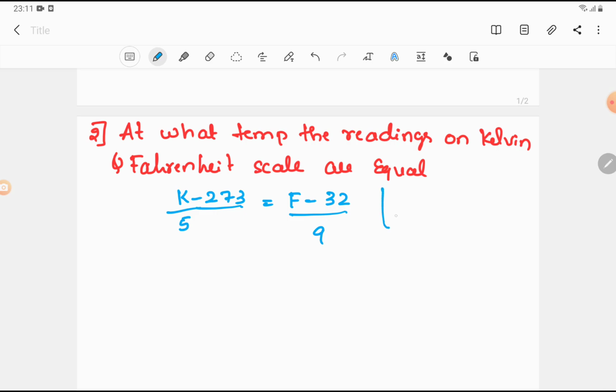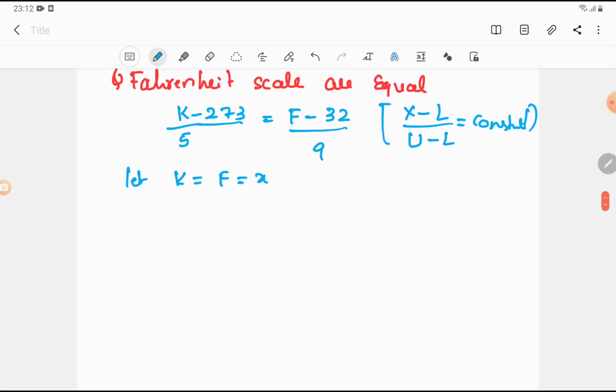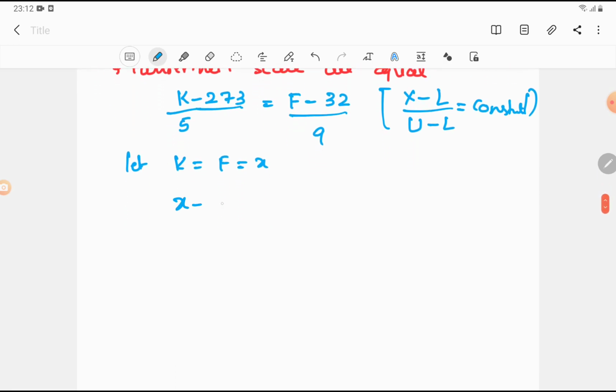How are we writing? In the previous class I showed you, x minus L by U minus L is equal to constant. So same thing, let K is equal to F is equal to x. Substitute: x minus 273 by 5 is equal to x minus 32 by 9.